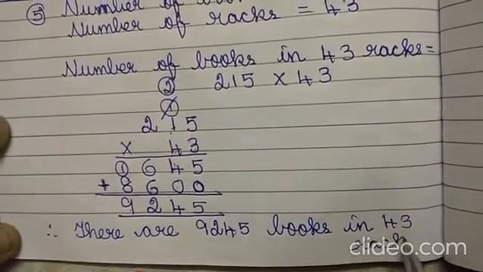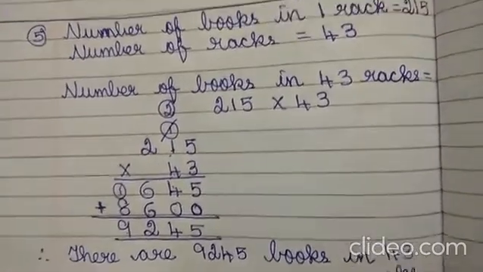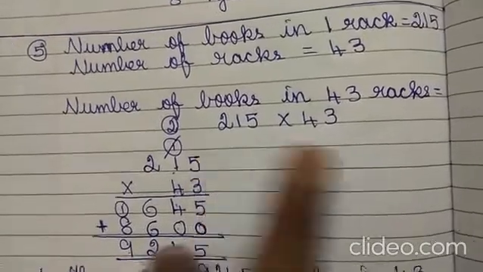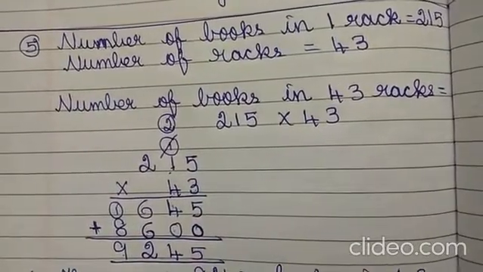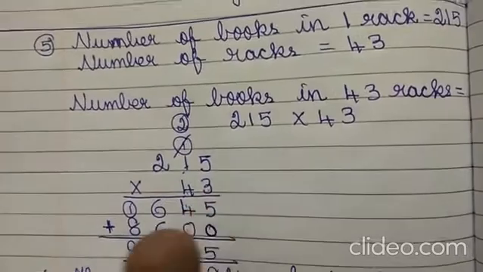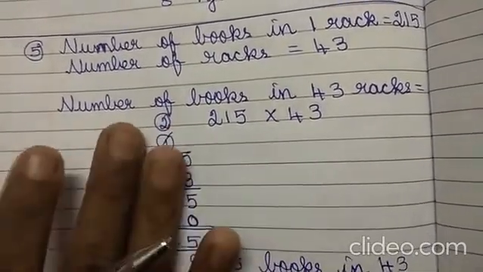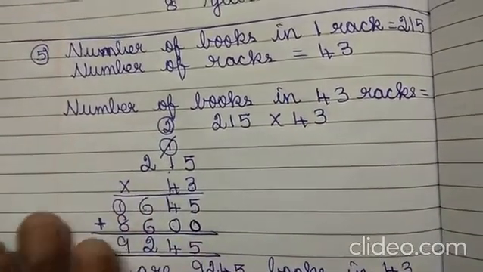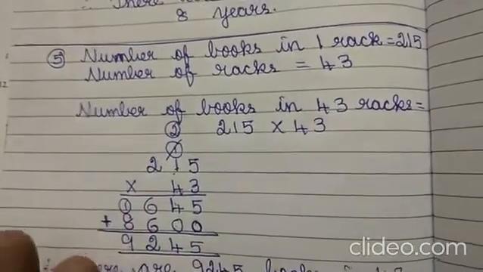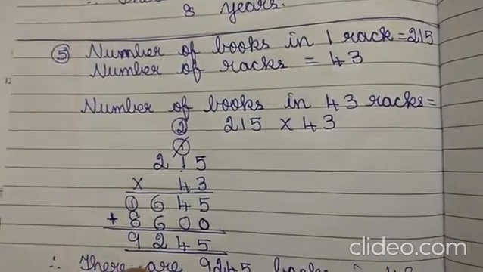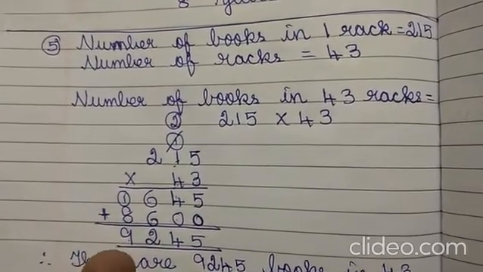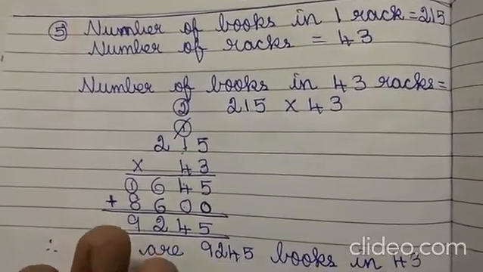So see, in all these 5 sums the methods are the same. Only the numbers are different, isn't it? And we have to write the steps accordingly. By seeing the question itself, we can find out the steps. So only 5 sums I have taught. The rest of the sums you can practice at home in your rough notebook.